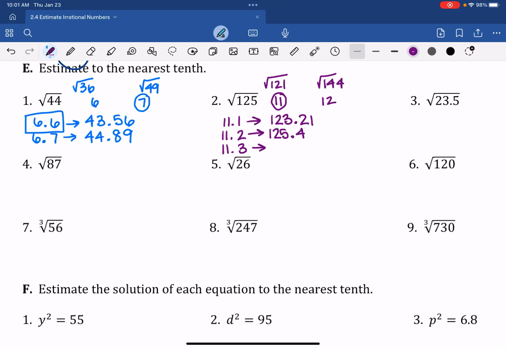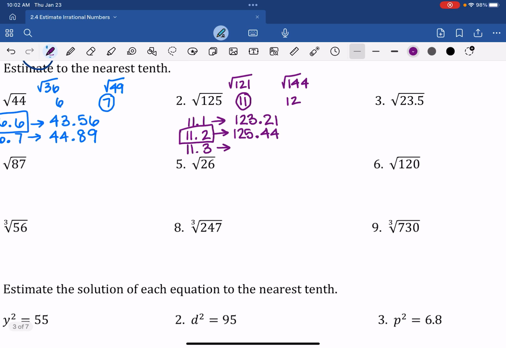So I'm a little bit over, so I don't even really need to try 11.3 because I know 125 is in between 123 and 125, but it is closer to 11.2, so we're going to have that one as our decimal estimate. Okay, let's try our next one.